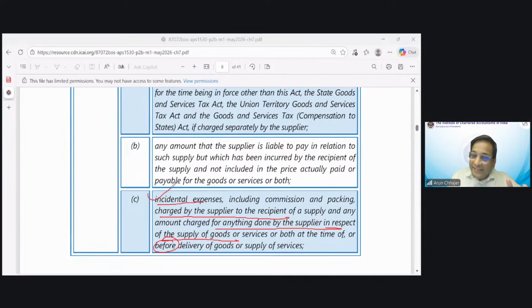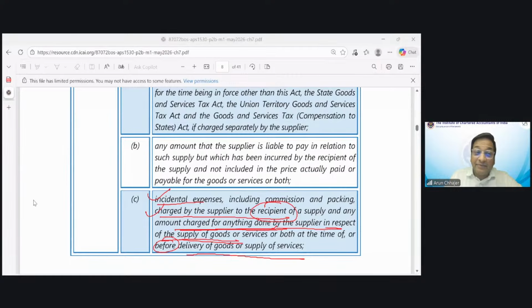So if any expenditure is charged by the supplier to the recipient and any amount charged for anything done by the supplier in respect of that supply on or before the supply, it will be added in the value. Because this expenditure is being charged, and as per the GST provision, anything charged by the supplier to the recipient before the delivery will be added in the value.